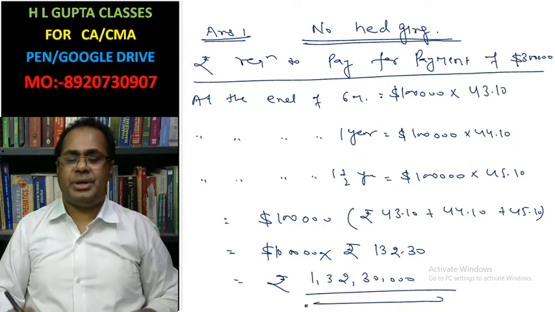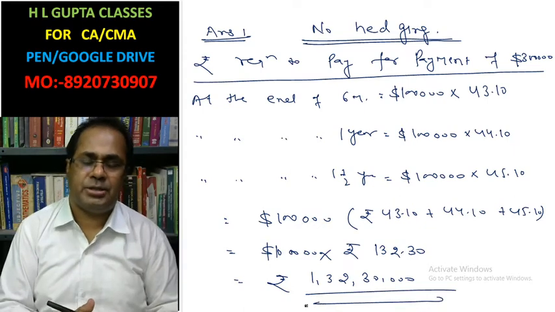You have to pay rupees 1 crore 32 lakh 30,000 in the first option.